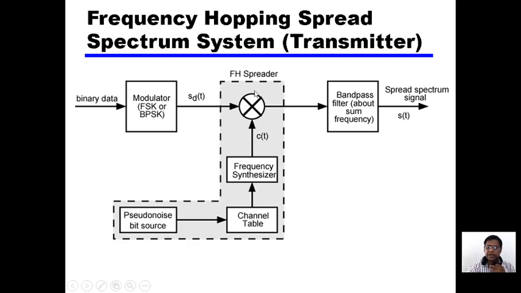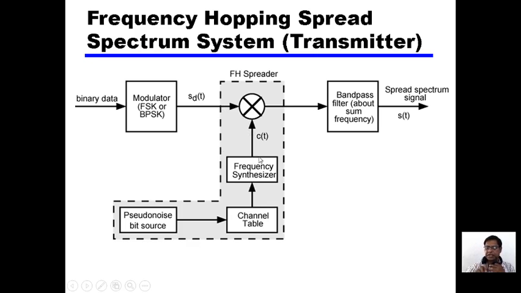Here is the frequency hopped signal, this is our technique, frequency hopping spread spectrum. In this technique we can see some pseudo noise also coming along with the signals, with a channel table and frequency synthesizer.